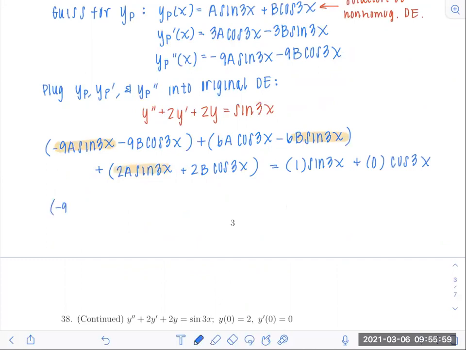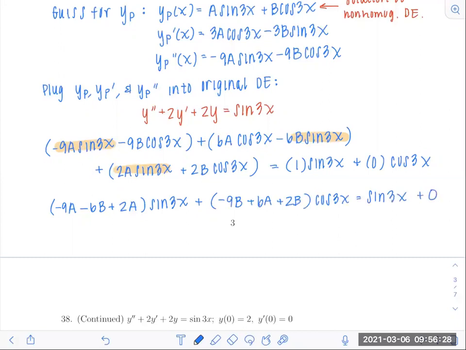So I have a negative 9a minus 6b plus 2a sine of 3x. And then for the cosines, I have a negative 9b plus 6a plus 2b cosine of 3x. And again, this just equals sine of 3x. I'll just write plus 0.